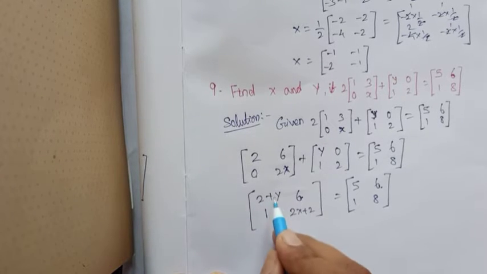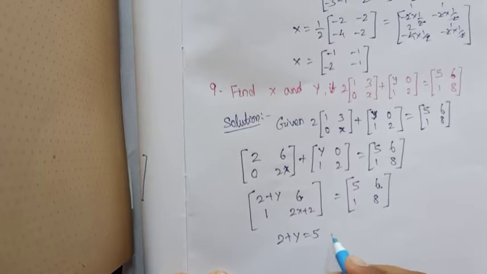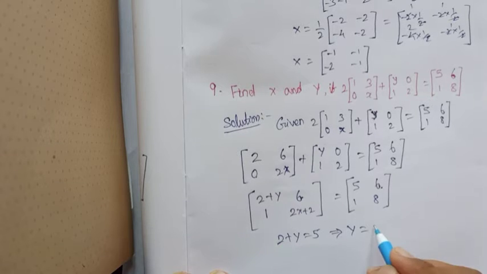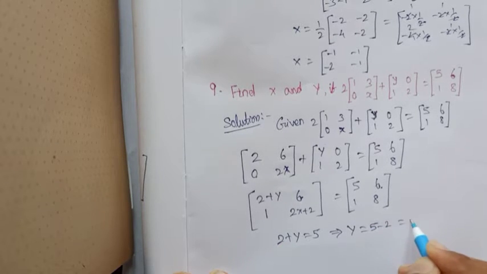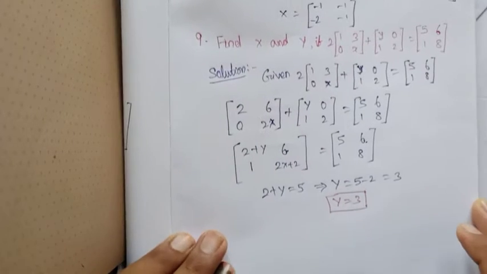That means 2 plus y is equal to 5, so y equals 5 minus 2, shifting 2 to the right side, which is equal to 3. Therefore the y value is 3. And you need the x value.